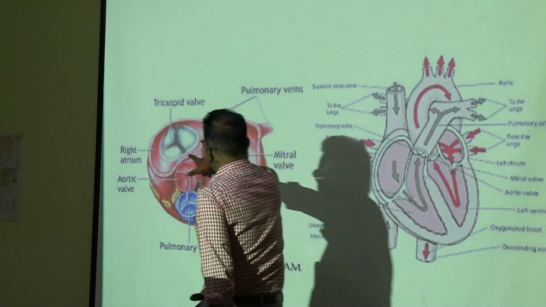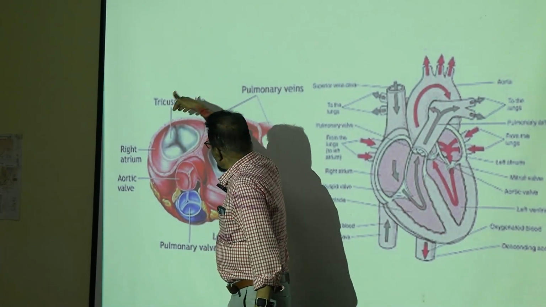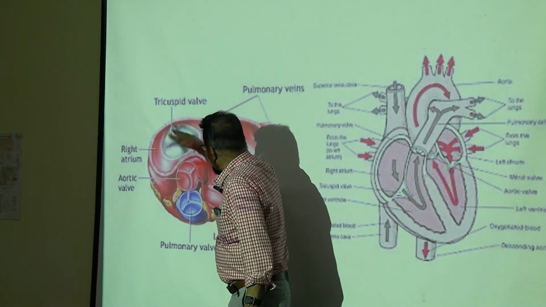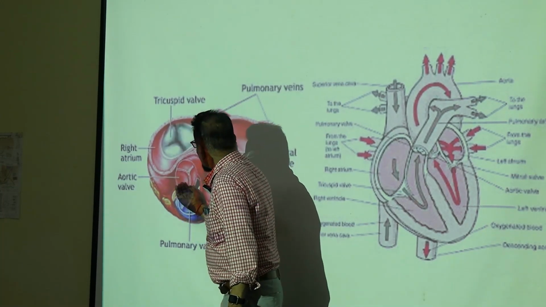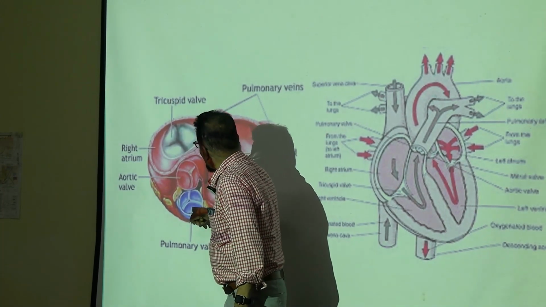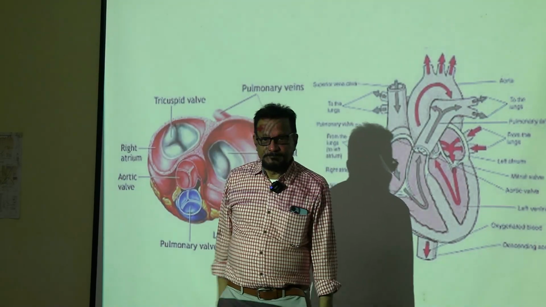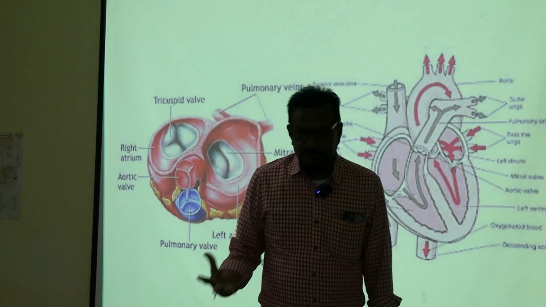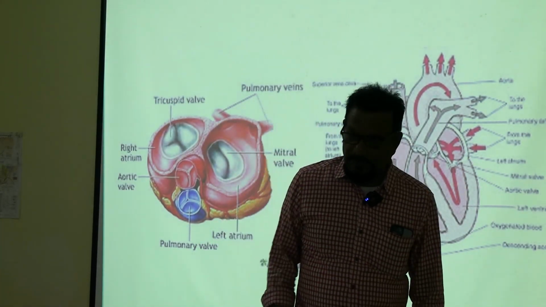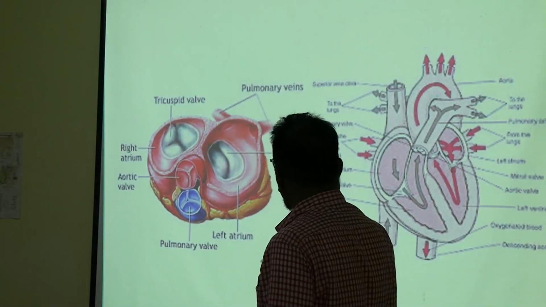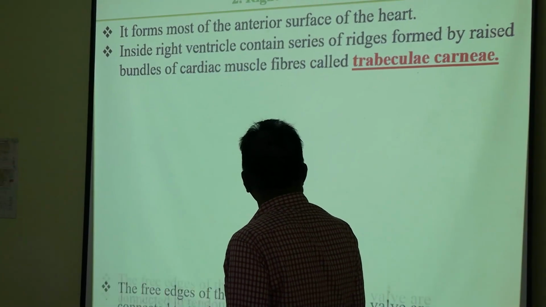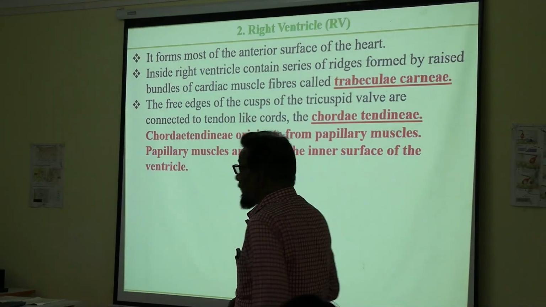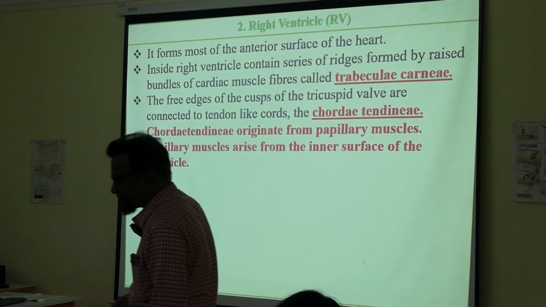It is the right atrium. Since it is closed, it means from the right ventricle, blood is going through this. It is closed. Otherwise, the blood would be coming to the left atrium. Trabeculae carneae. What is this?